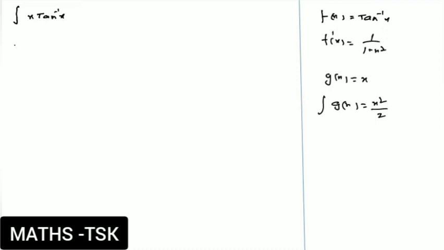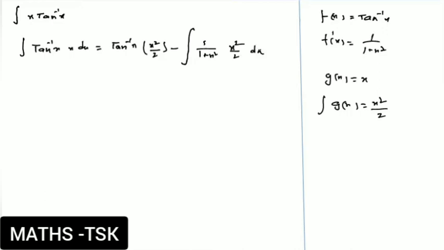So this integration can be written as integration of tan inverse of x into dx is equal to f of x is tan inverse of x, integration of g of x, x square by 2, minus integration of f dash of x is 1 by 1 plus x square into integration of g of x into dx.